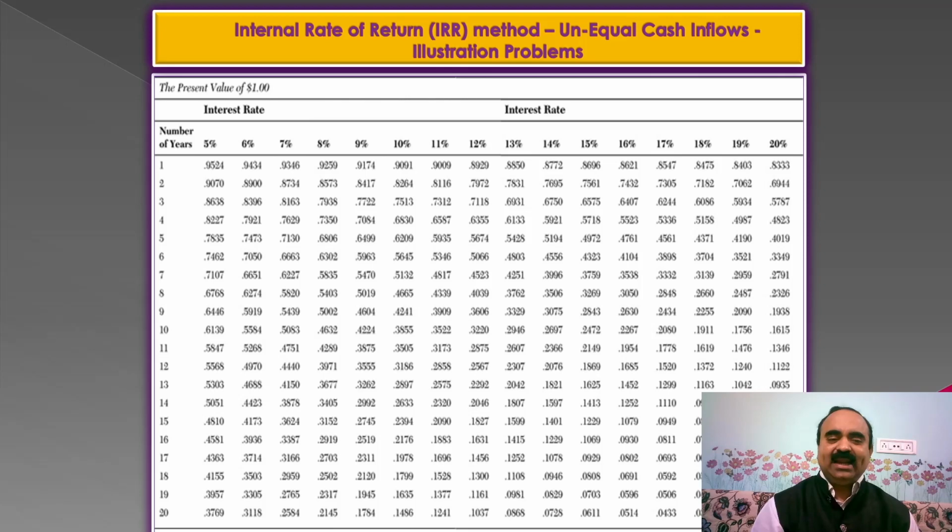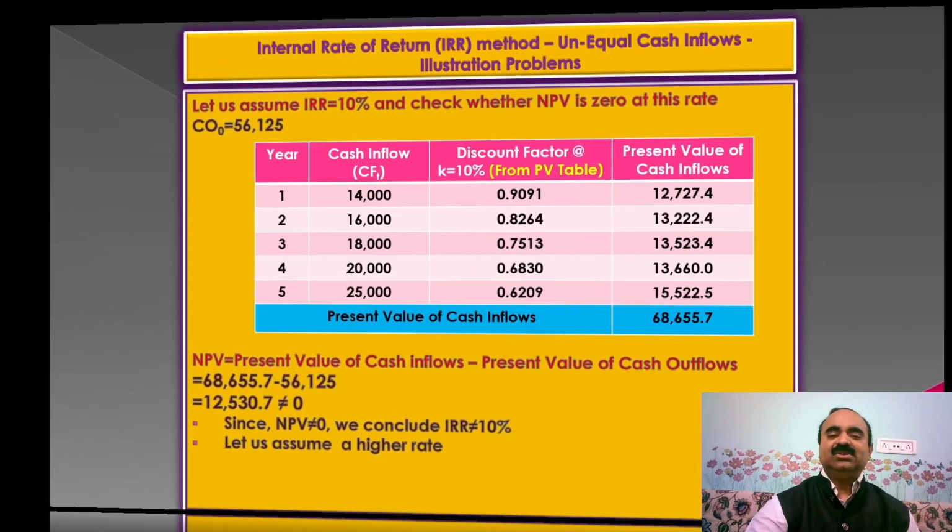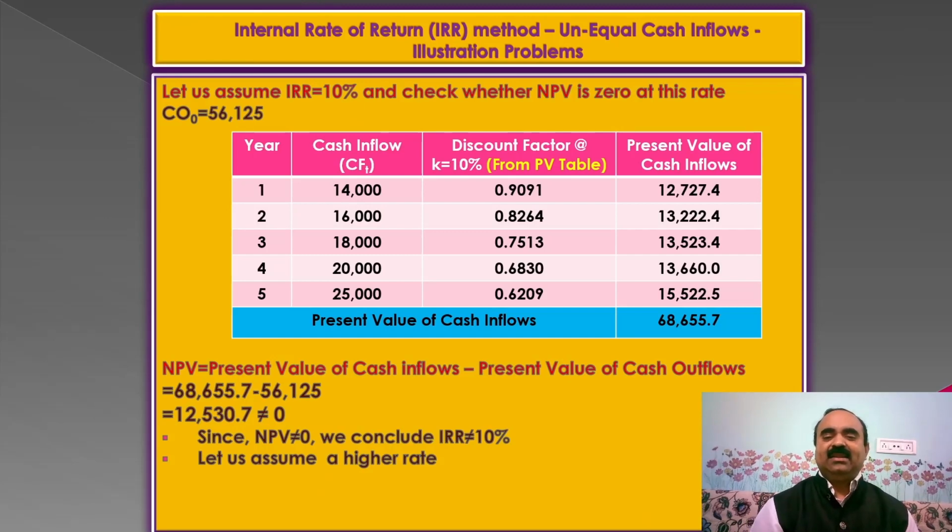Under 10%, the values are 0.9091, 0.8264, 0.7513, 0.6830 and 0.6209 for the 5 years period. Same values I had taken in the third column of the table.